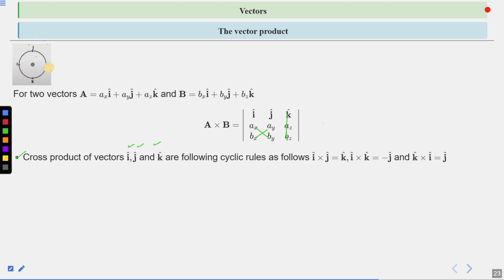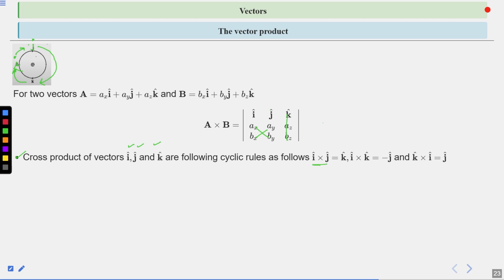This one is I cap, J cap and K cap. Now J cross K is what? That is I cap. And K cross I is what? J cap. And I cross J is what? K cap. So it looks like a cycle. So that's why we call this the cyclic rule.